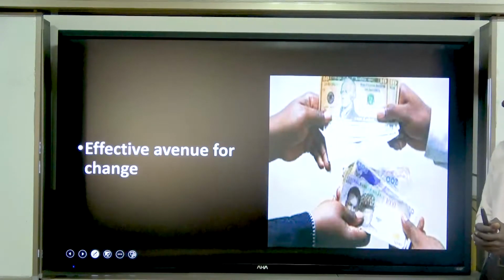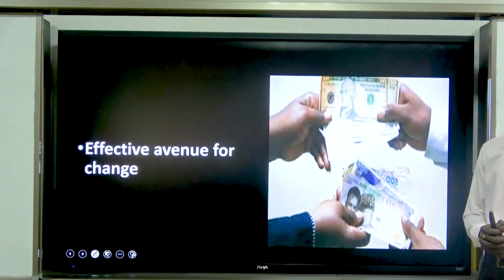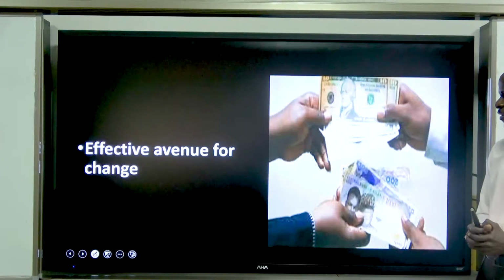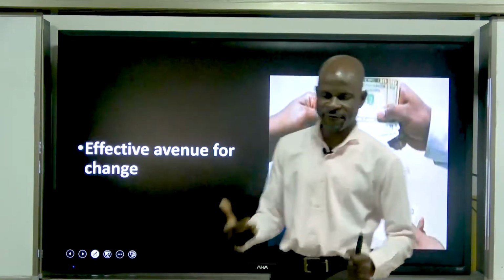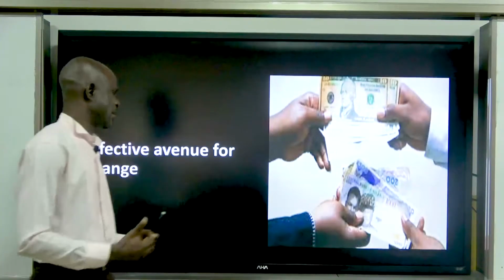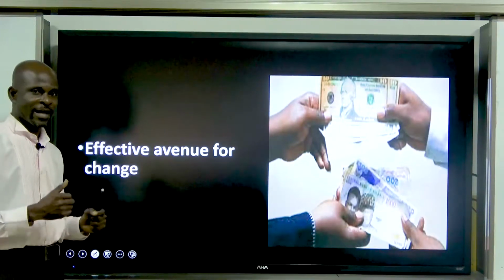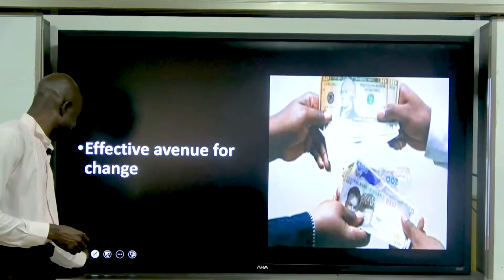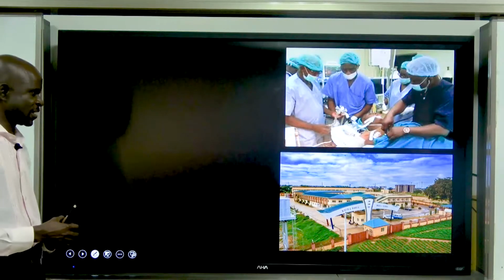Therefore, there will be effective change. Positive group behavior is an effective avenue for change in the society. So if the behavior is positive, everyone in the society will experience change accordingly.